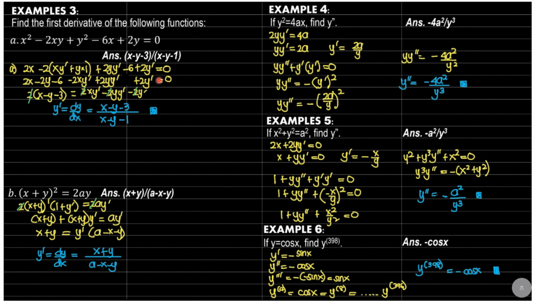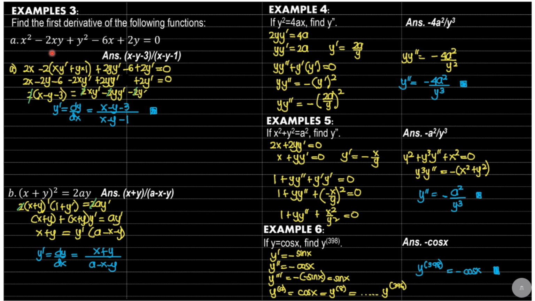Simplifying and expanding, we have 2x minus 2y.